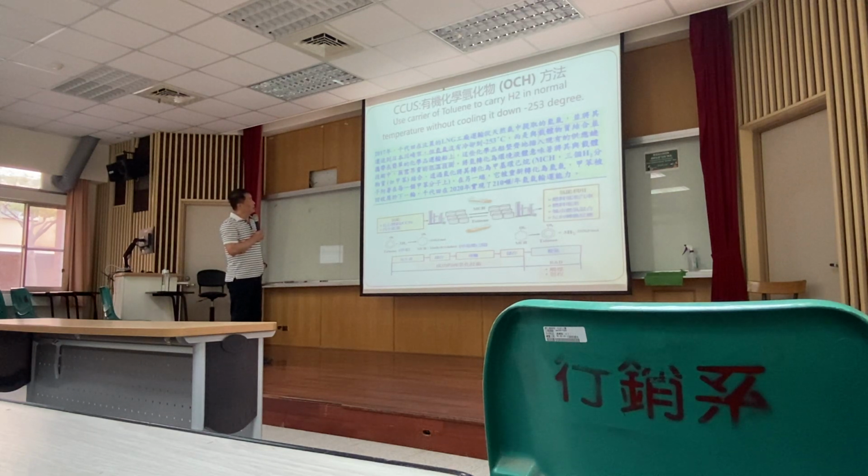And this is a Japanese company. They are using a carrier of toluene to carry hydrogen at normal temperature without the need to cool it down to minus 253 degrees.